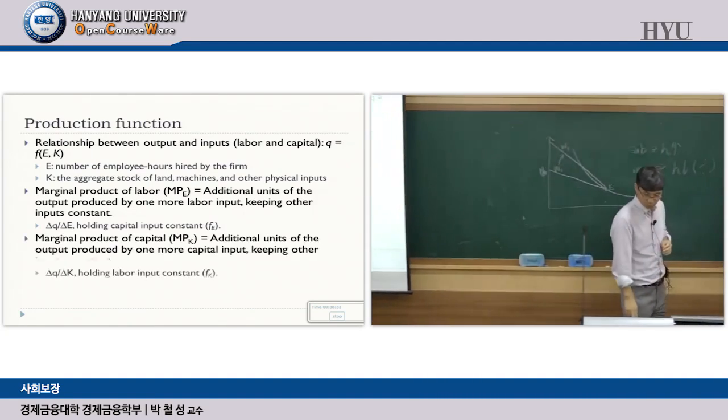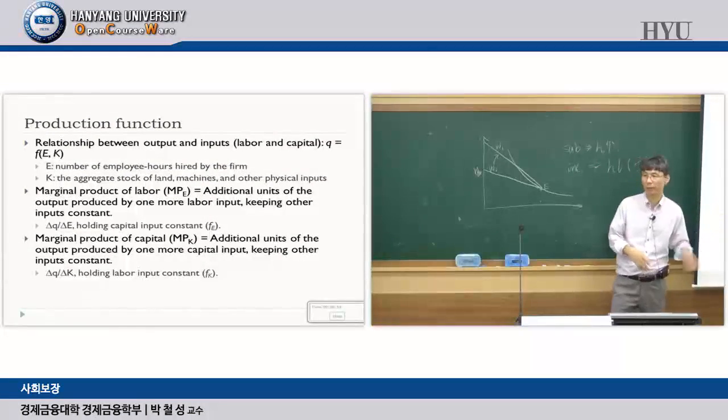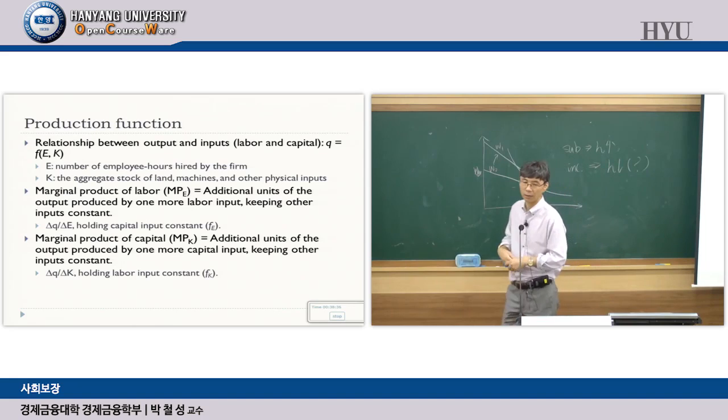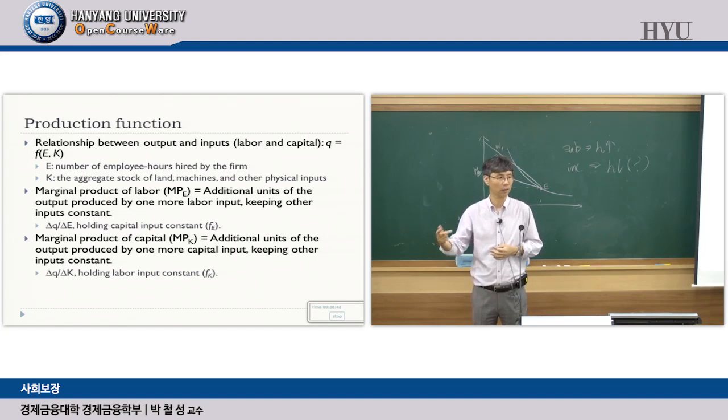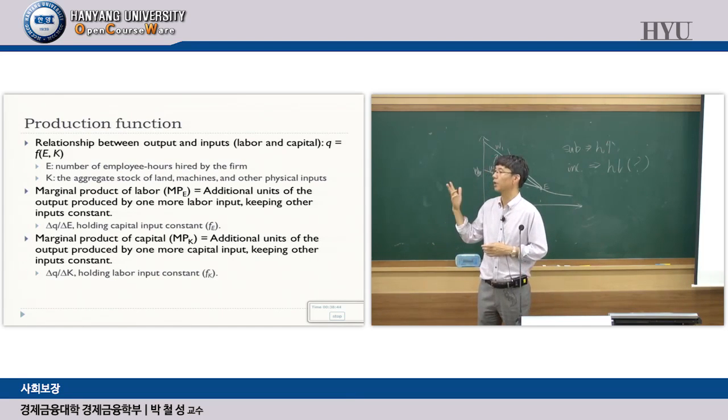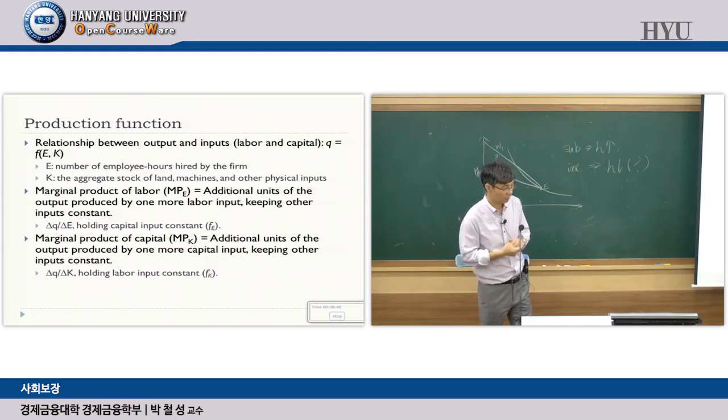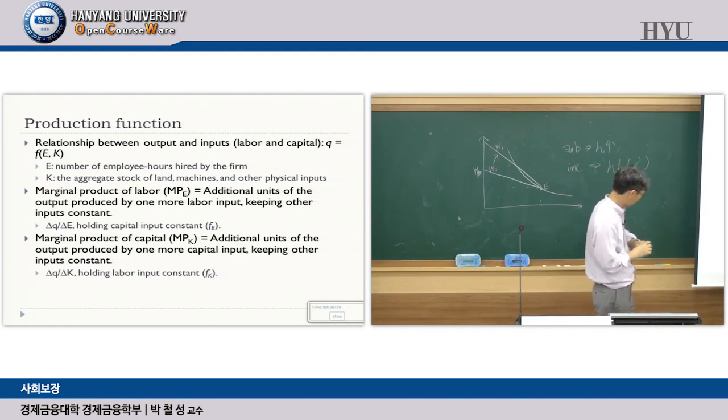You can also define the marginal product of capital. It's basically the same idea: if we use one more unit of capital, then production is going to increase, and that increase is called the marginal product of capital.